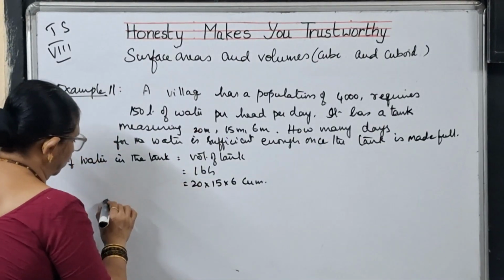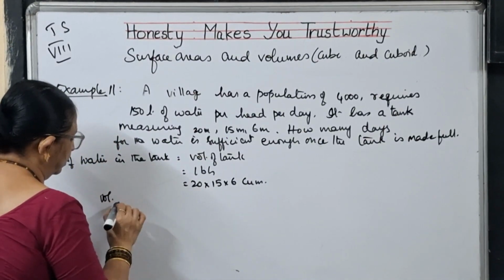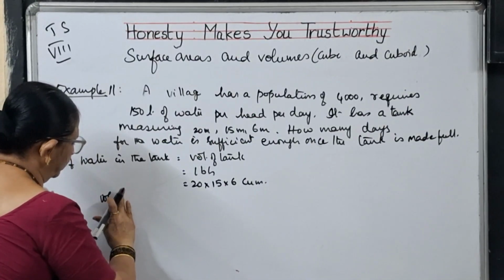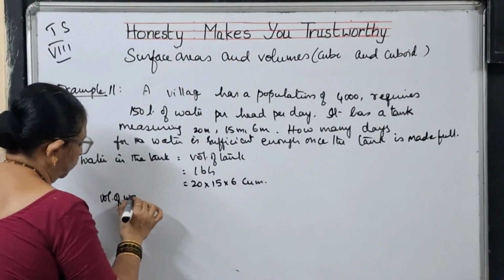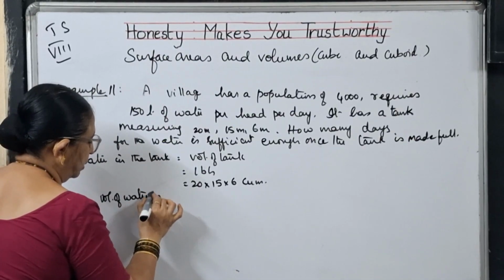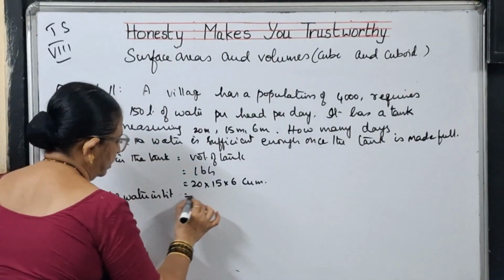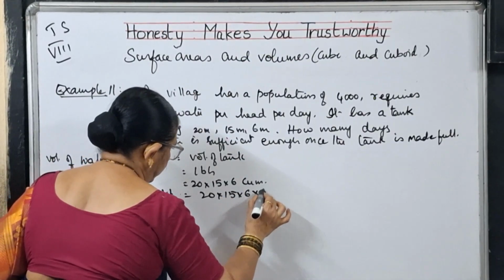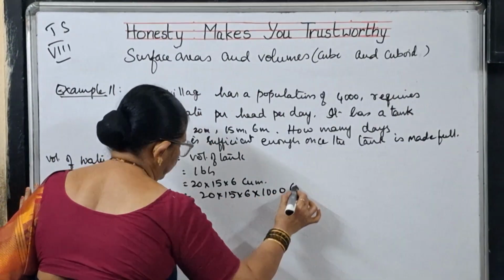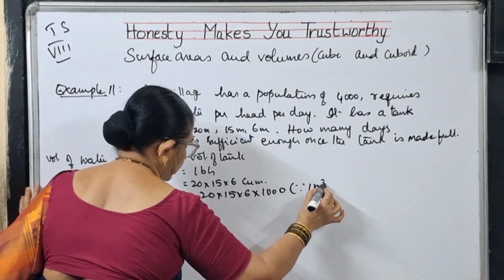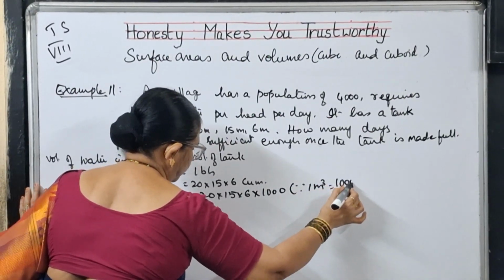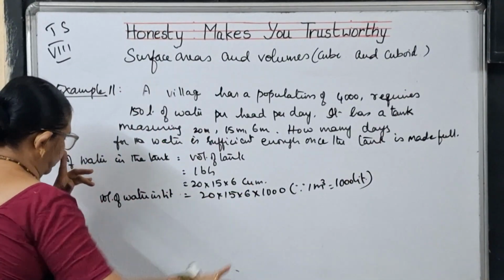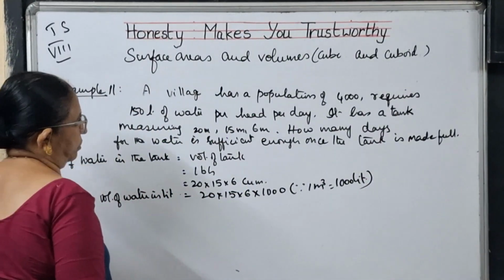So, the volume of water in liters is nothing but 20 into 15 into 6 into 1000. Why is it? Because 1 cubic meter is equal to 1000 liters. So, this many cubic meters means you have to multiply by 1000.